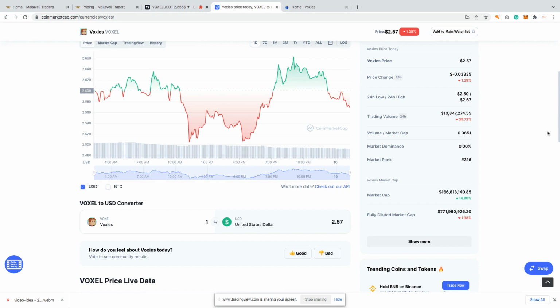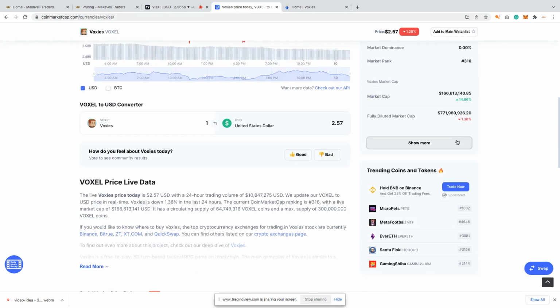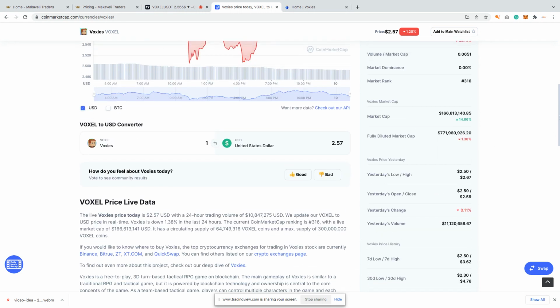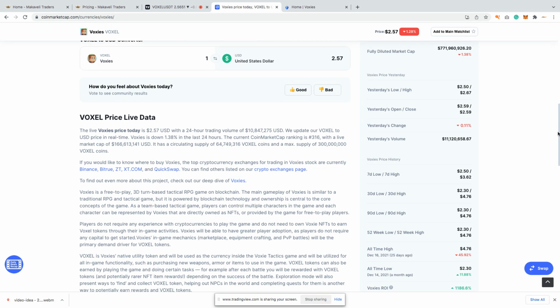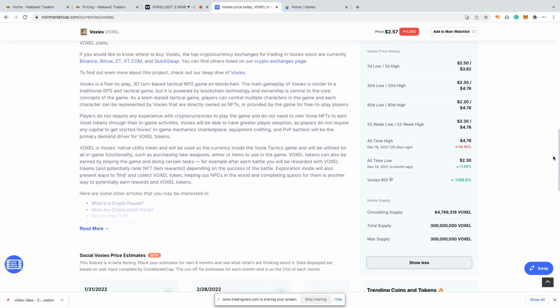If we go further to understand these statistics, we want to know what is the highest price this coin has ever hit, and what is the lowest price it has ever gotten to. According to CoinMarketCap, the highest price this coin has ever seen was about 25 days ago, around December 2021, at a price of $4.79.